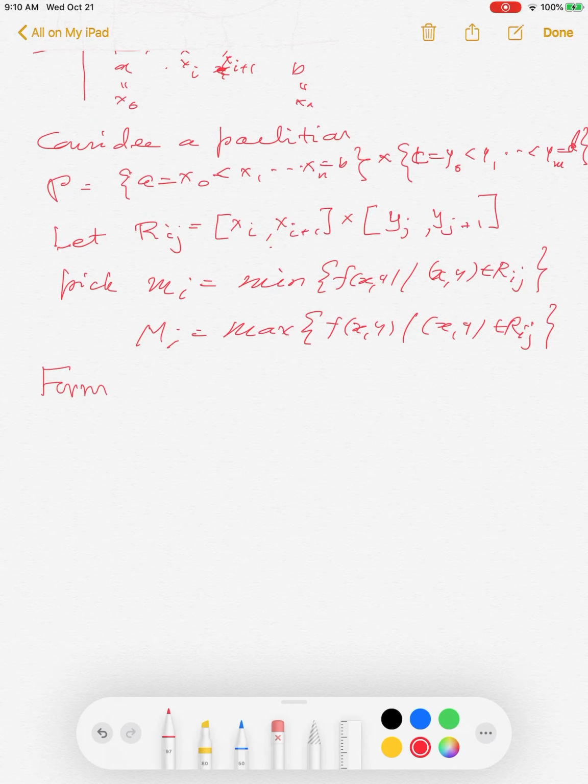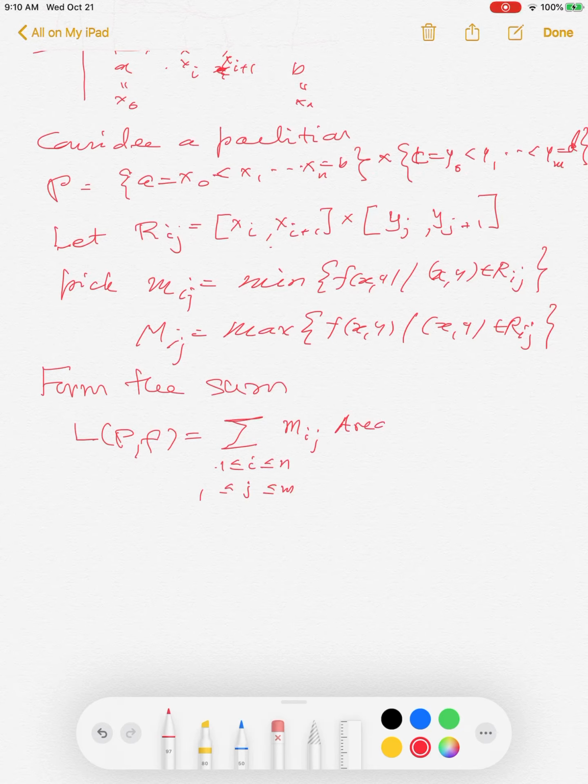And then I form these sums. LPF, which is the sum, exactly like what we did, i varies from 1 to n, j varies from 1 to m, of little m_ij multiplied by the area of R_ij.